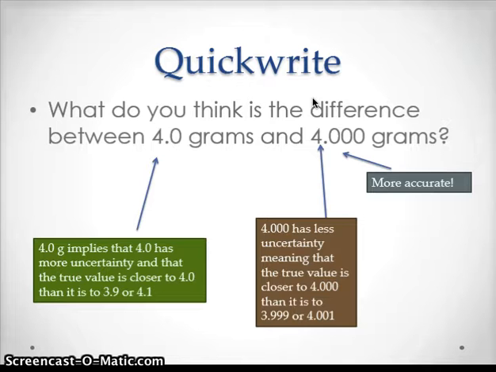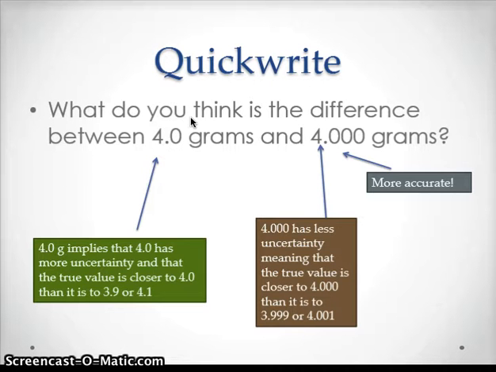Why? It's annoying, but it makes sense, because if you want to be very precise, you have to incorporate more decimals. So let me start over. What 4.0 grams implies is that there is an uncertainty on the last digit. So the true answer is closer to 4.0 than it is to 3.9 or 4.1.